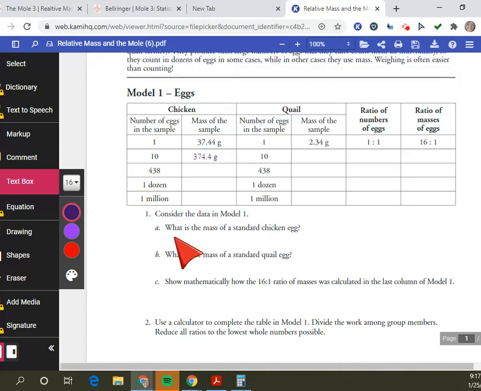Right? So you guys probably could go through and fill in the data table for the chicken eggs and the quail eggs, and then we'll talk about the ratio here in a second.